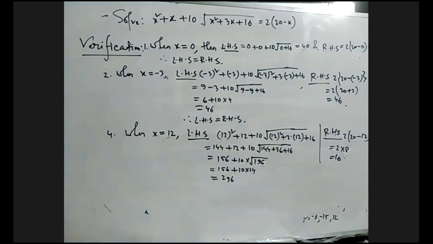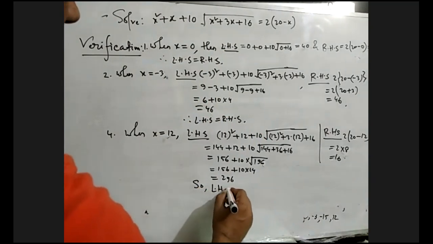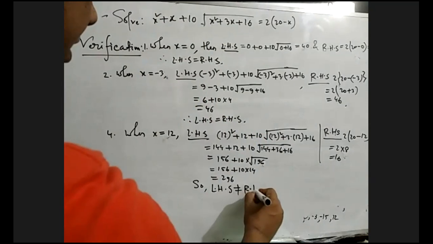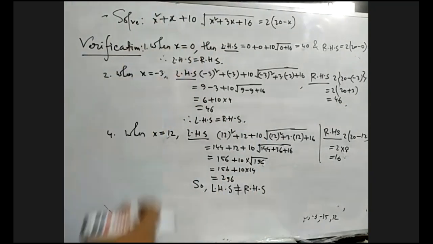So for this one, left hand side is not equal to right hand side. Remember it. So x equals 12 is not the solution of this equation. Understand everybody?